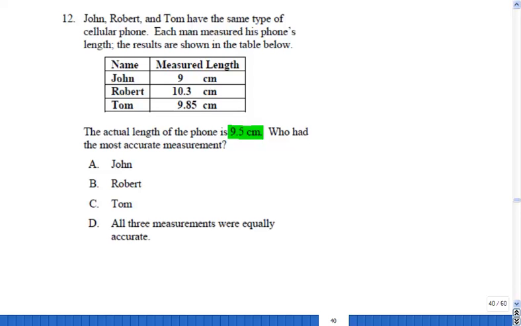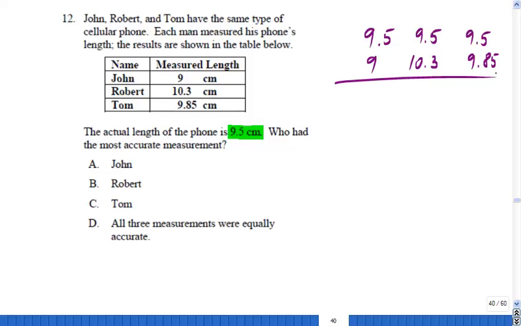9.5. So what you have to do is basically compare your 9.5 with all three of them. And I have 9, I have 10.3, and I have 9.85. Okay? How about subtracting each one from the top? Well, what do you have?